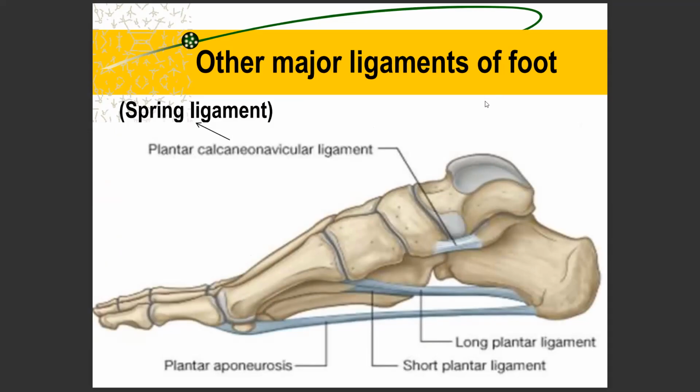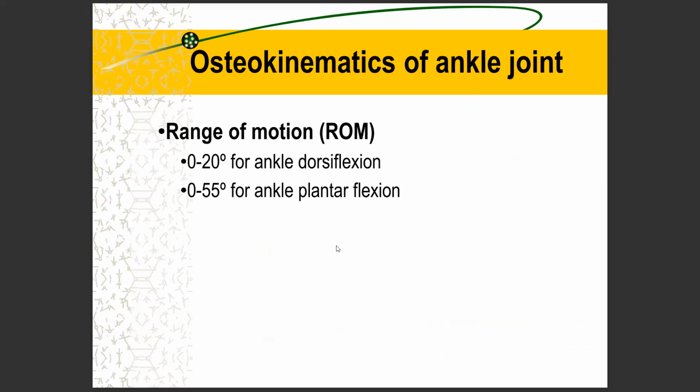On top of it, the tibia and fibula form the ankle joint, and the anterior part of the tibial bone is known as the shin. So the angle formed between the tibia and the dorsum, if it increases, it means the foot is going downward, away from the shin, so that will be plantar flexion, and if it is coming towards the shin, that will be known as dorsiflexion. The range for dorsiflexion is from neutral to 20 degrees, and from neutral to 55 degrees for ankle plantar flexion.